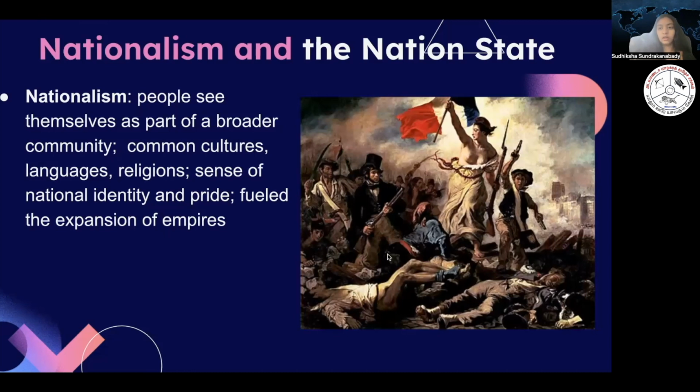This was one of the reasons the French Revolution happened, because everyone felt that they were part of the French and wanted to fight for their own country. It fueled the expansion of empires and also led to democratic nations like America becoming independent.